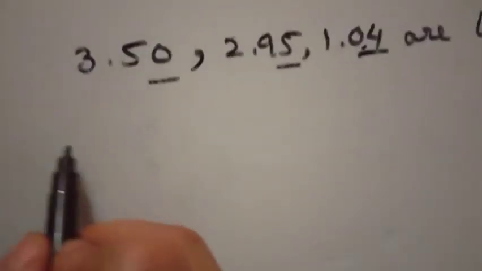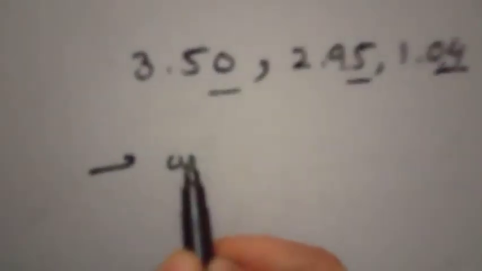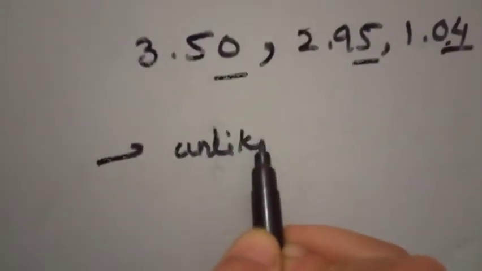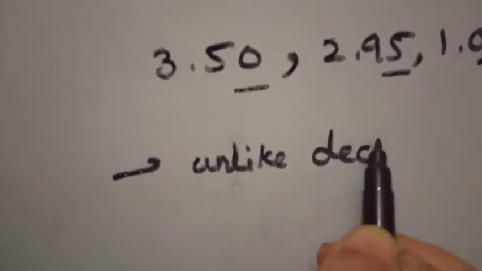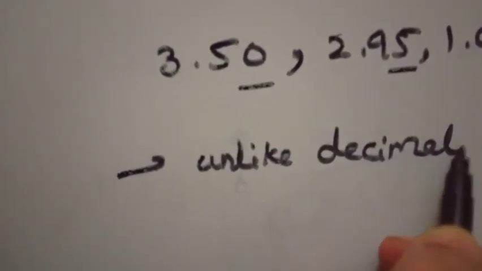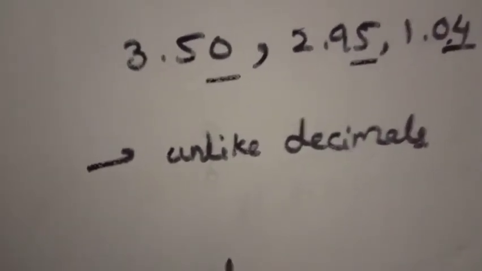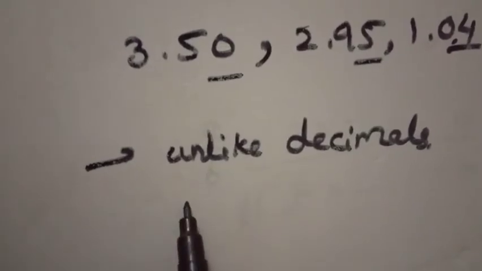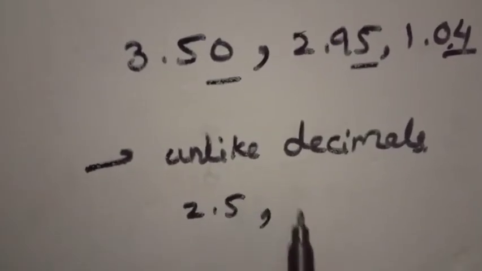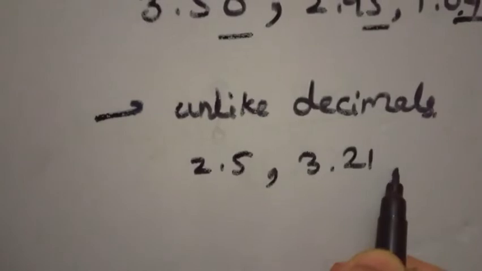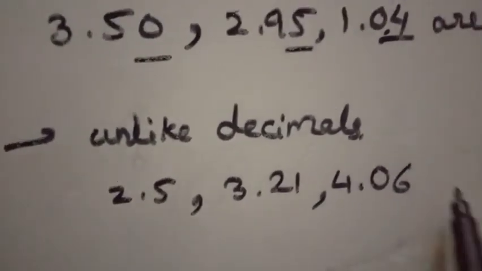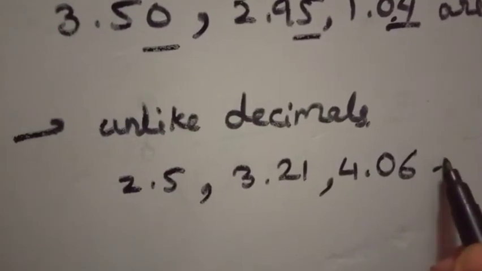Then unlike decimals are decimals having a different number of decimal places. Example, 2.5, 3.21, 4.06, etc. These are unlike decimals.